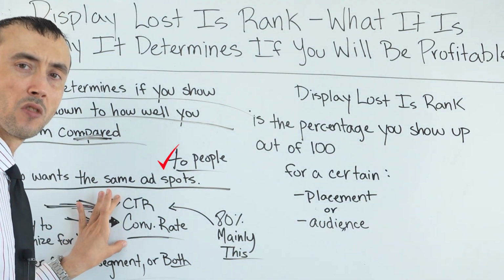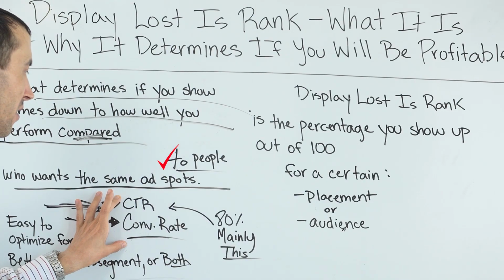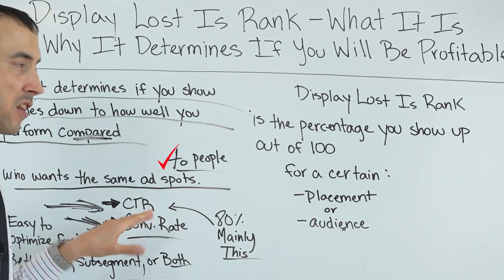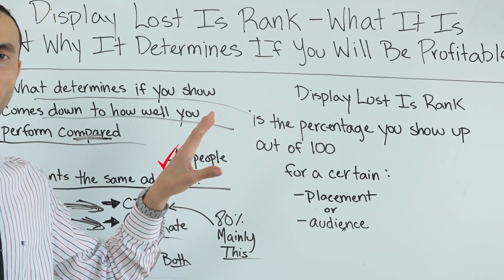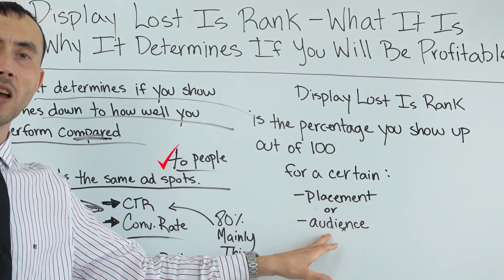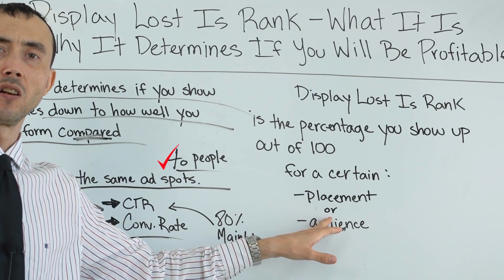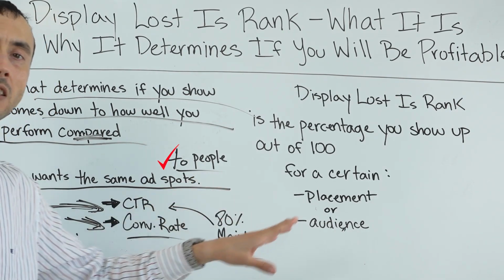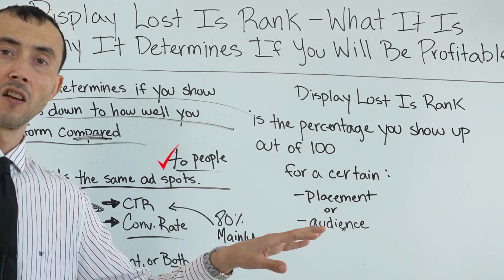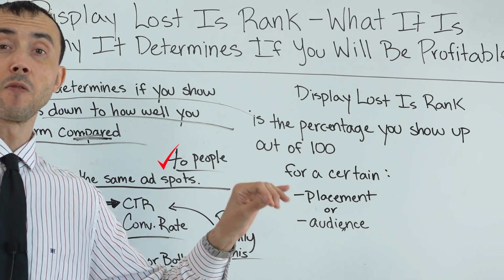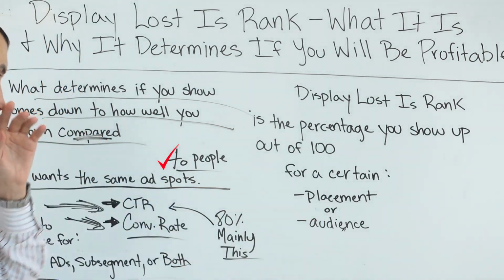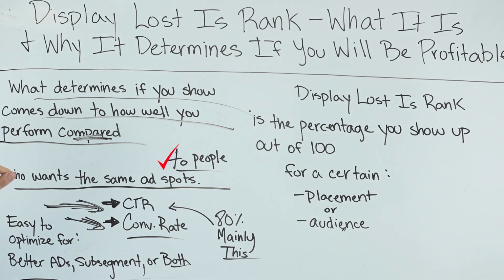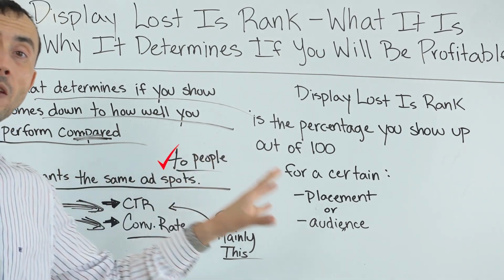So if you do these two things, click-through rate is high and conversion rate is high, they naturally want you to show up as much as possible for who you're showing up for, because you're ultimately doing a good job pleasing their users. Therefore, it's going to take less money per click to show up 100% of the time for the audience that you want to show up for than it would have otherwise.